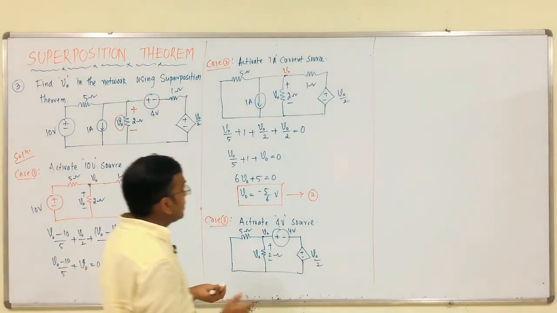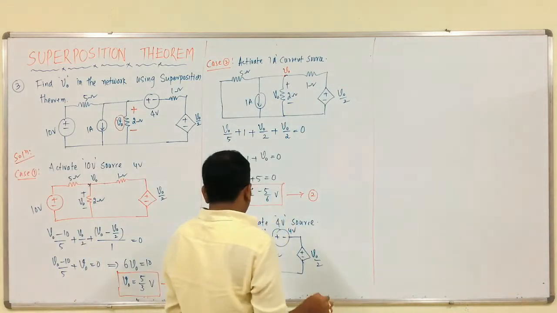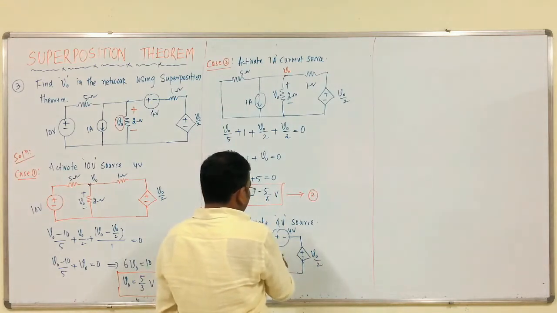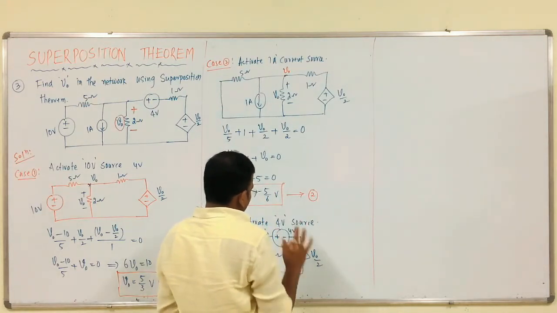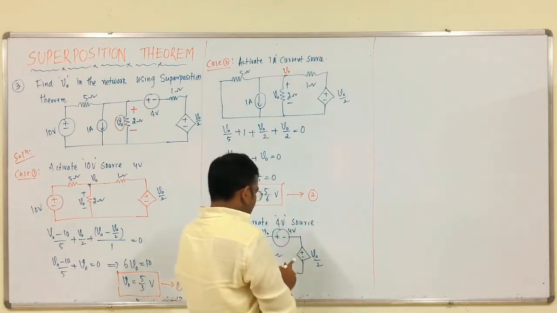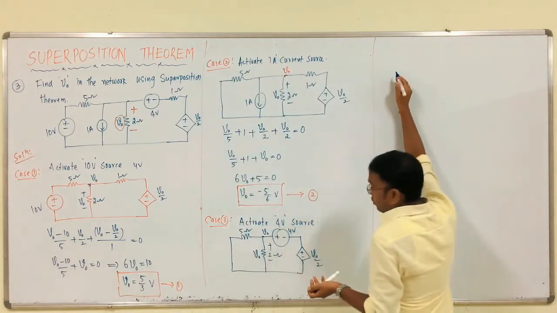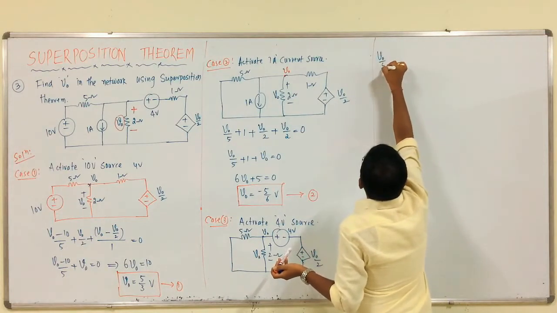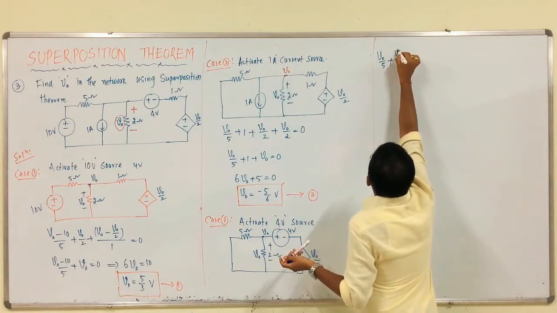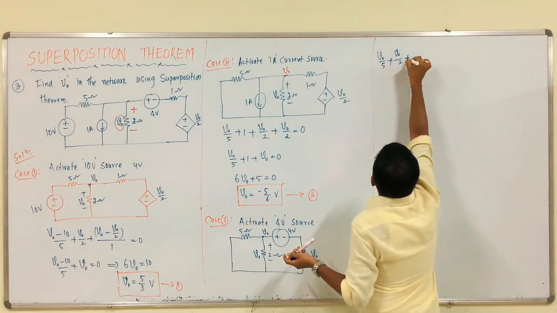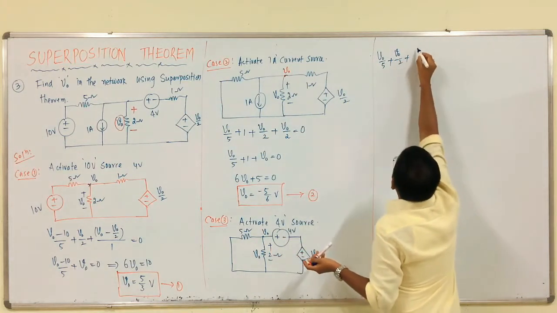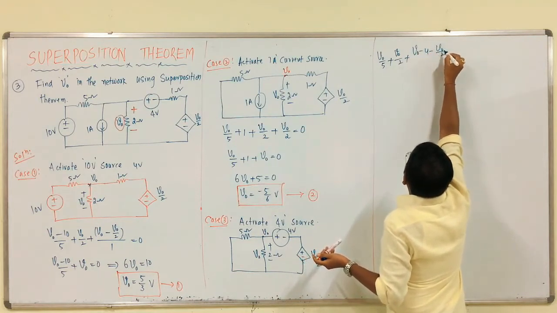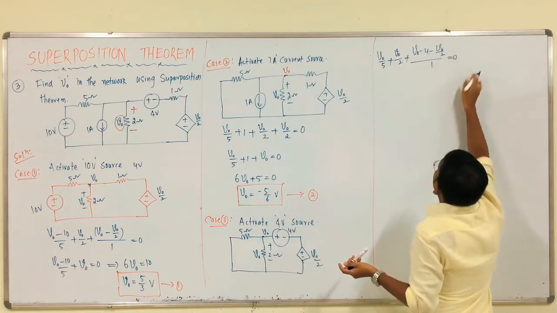By using this, V naught by 5 plus V naught by 2 plus V naught minus V naught by 2, sorry, here we have a 4 volt source. From this we have to write V naught by 5 plus V naught by 2 plus V naught minus 4, V naught minus 4 minus V naught by 2, by 1, which is equal to 0.